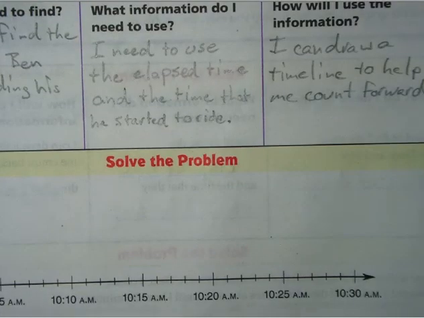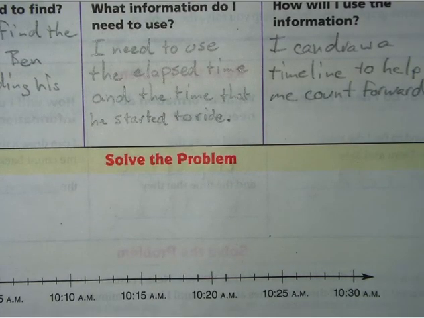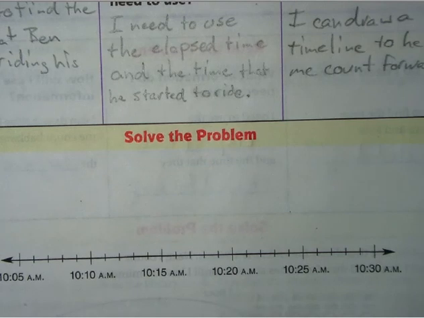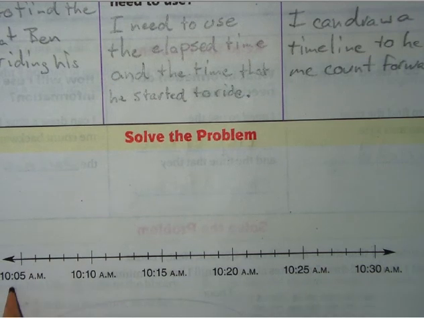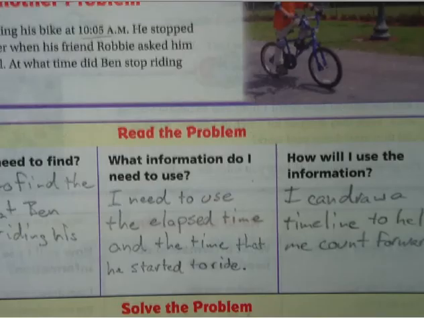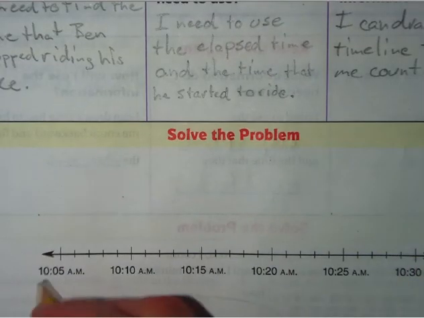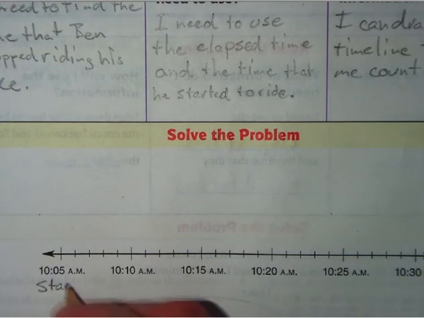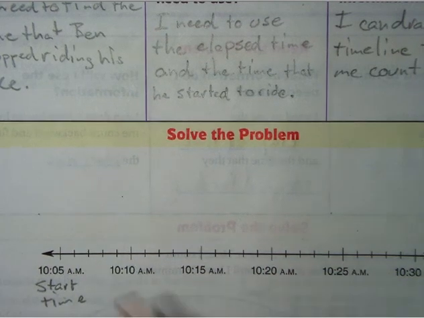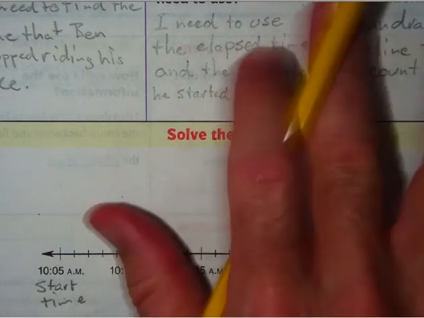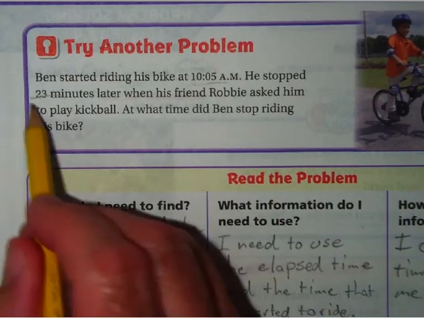All right. Okay. So let's solve the problem. So I need my start time to be 10:05. Is that right? Yes. Okay. So this is my start time, 10:05. And it says that he rode for 23 minutes.